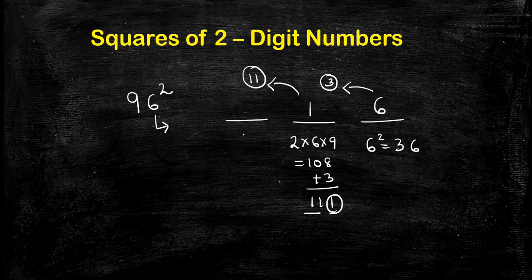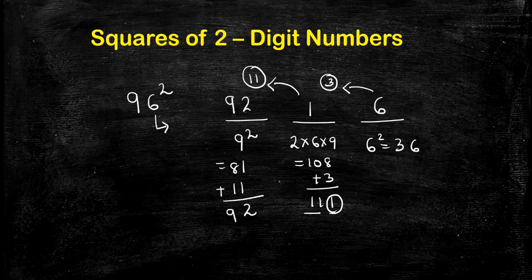Now, finally, here I would write 9 square. The number which is in tens place, square of that number, which is 81, and we will have to add the carryover. So when we add it, we get 92.